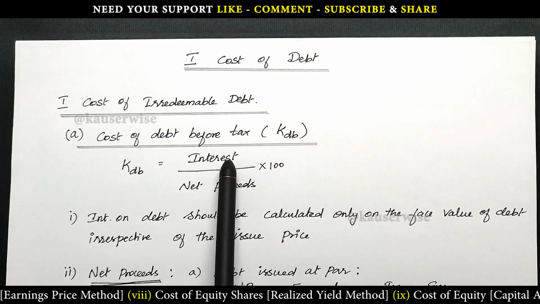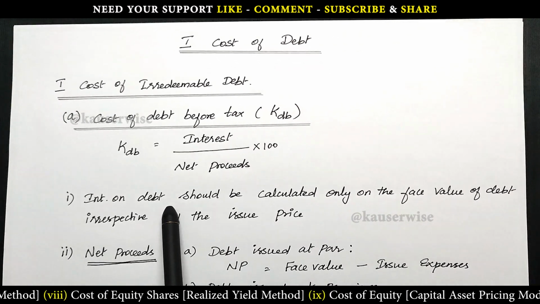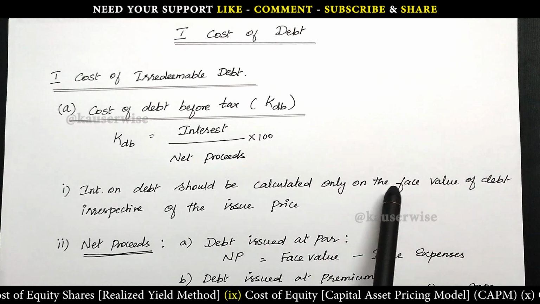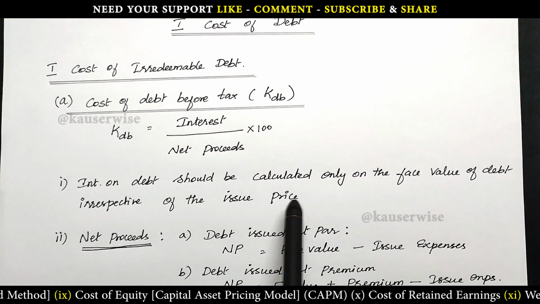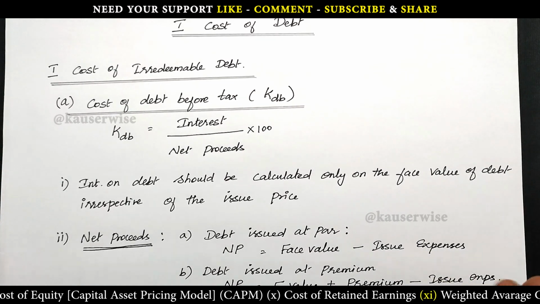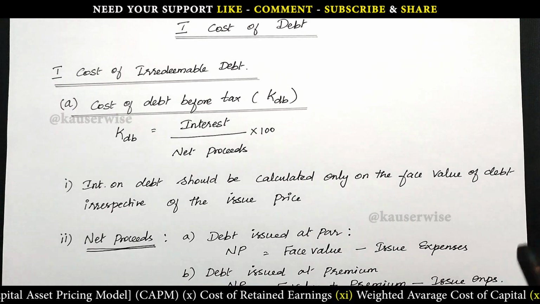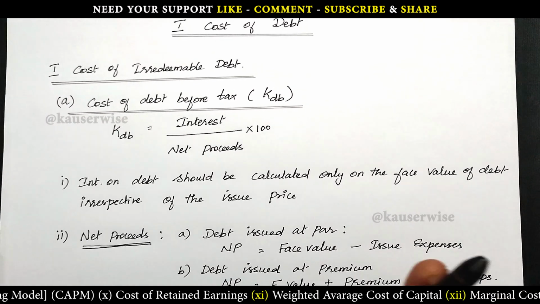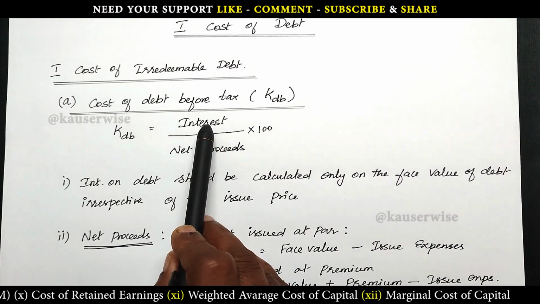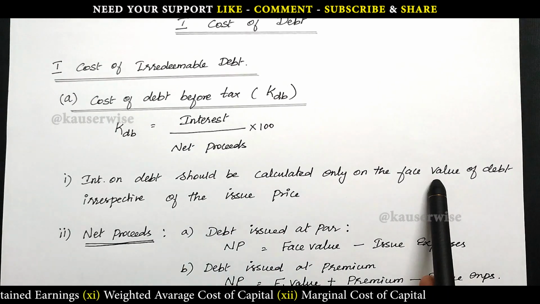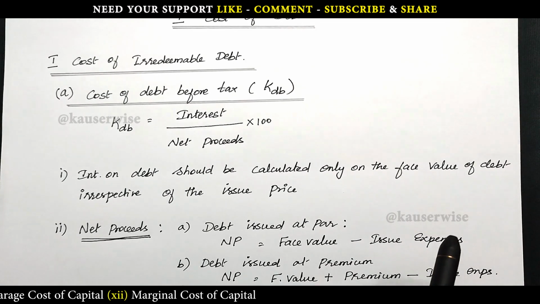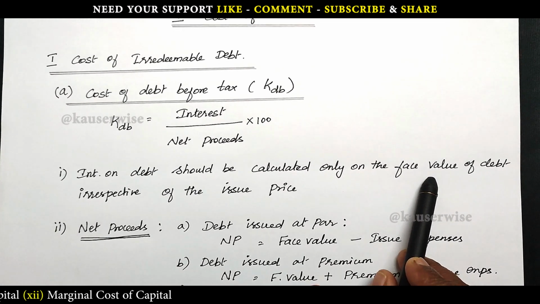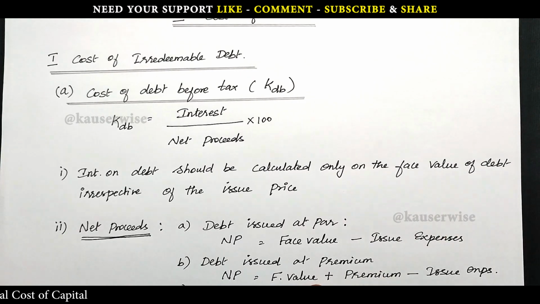How to calculate interest? Interest on debt should be calculated only on the face value of debt irrespective of the issue price. Whether the debenture is issued at par or at premium or at discount doesn't matter. Interest will be calculated based on the face value. Suppose the debenture face value is 100 rupees and the interest is 2%.